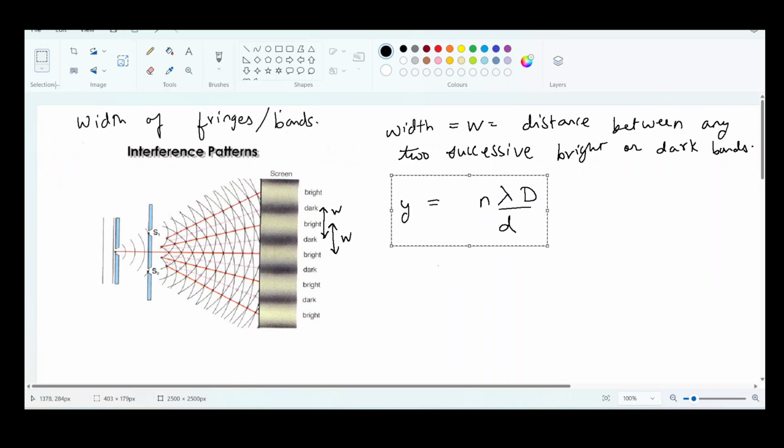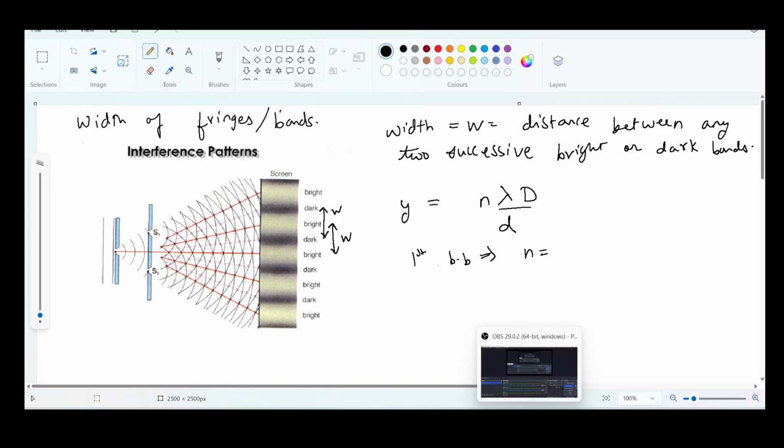This is the condition for bright band. Now the first bright band, I put n is equal to 1. Sorry, the first bright band will be n is equal to 0. Well, it depends what you have considered n over here.